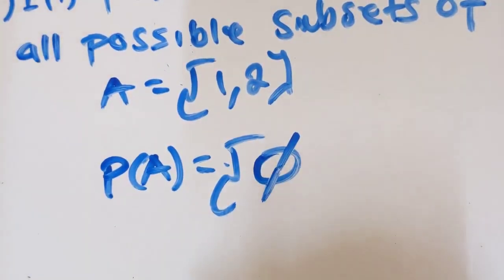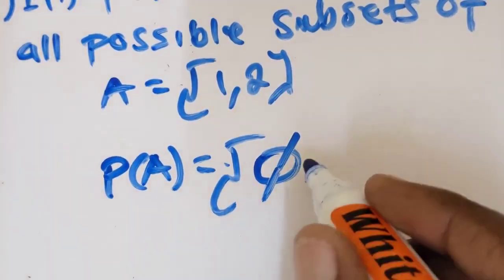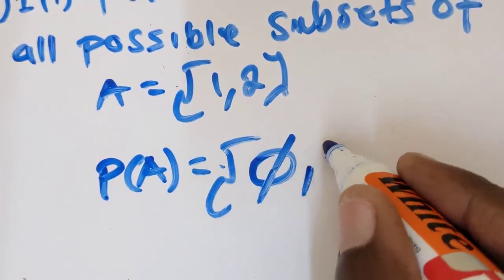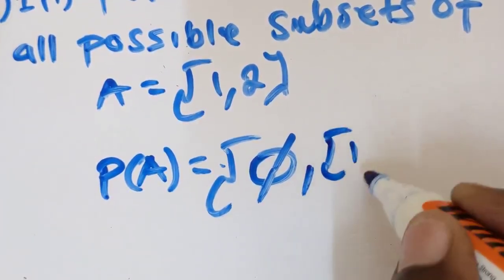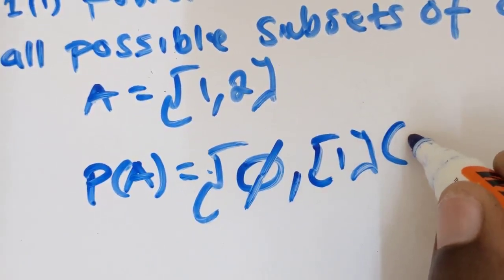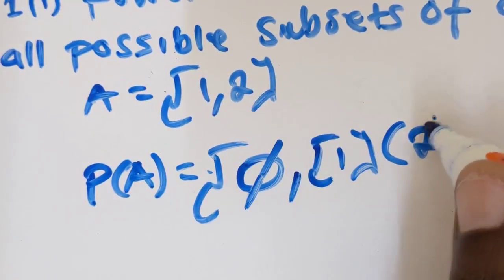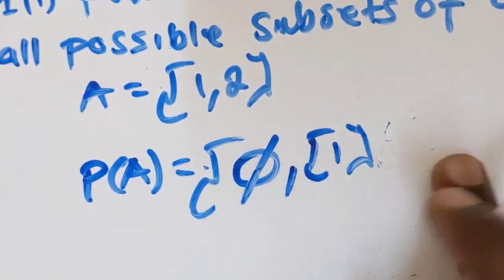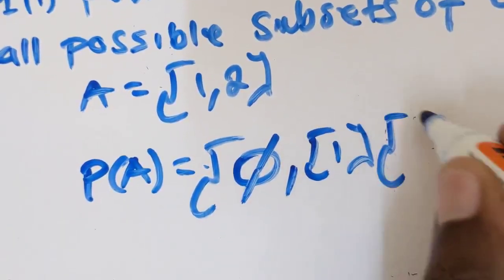That is why I've included an empty set there. Now you need to write a set of 1, a set of 2. Let me write it as a set, like that.